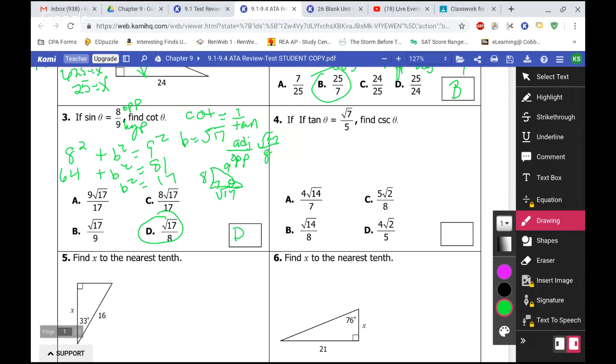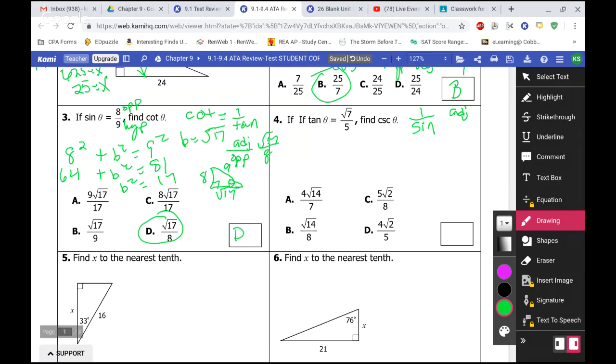If tan theta is the square root of 7 over 5, then find cosecant. What we know is cosecant is the inverse of sine. So sine is opposite over adjacent. No, it isn't. It's opposite over hypotenuse.